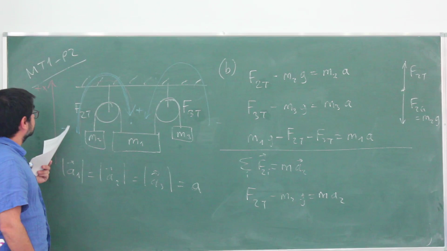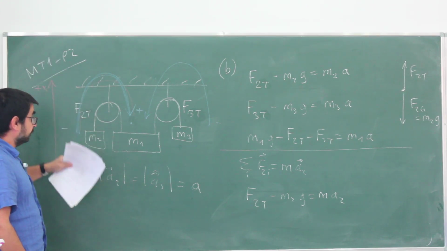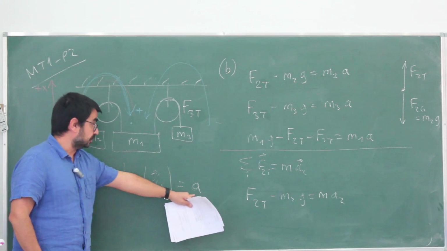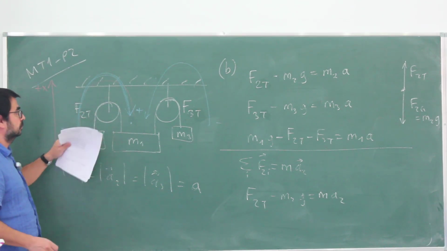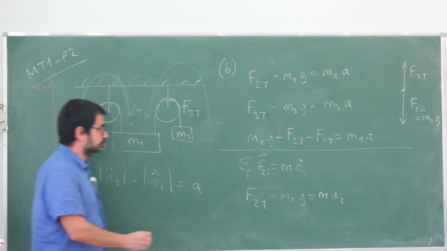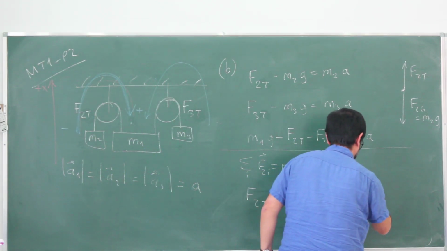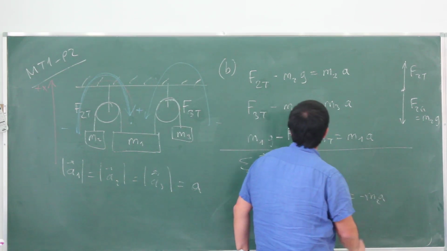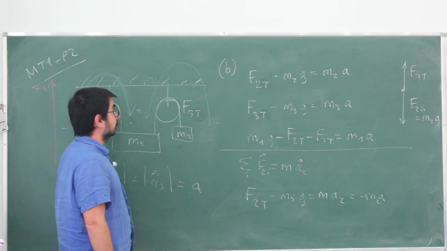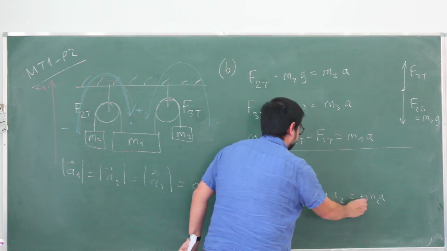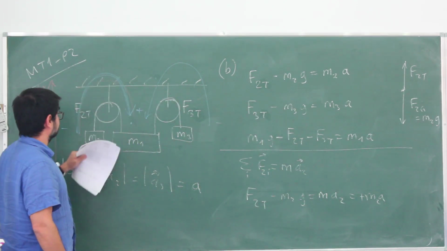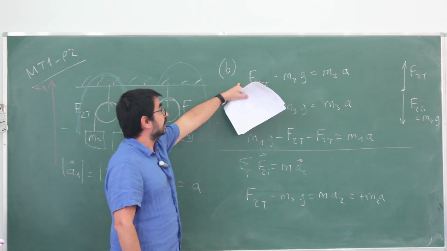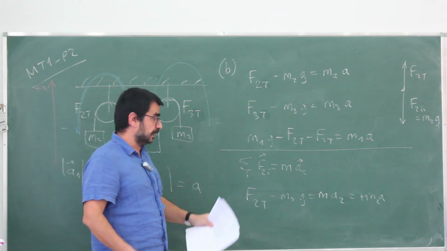We have chosen up as positive, and if we call this the magnitude of acceleration, and we know by our reasoning that this is going up, this has to be positive M2A, because up is positive. We are assuming that this is accelerating upwards, and it's going to be just positive M2A. So we got the same answer, but maybe in a more convoluted way.